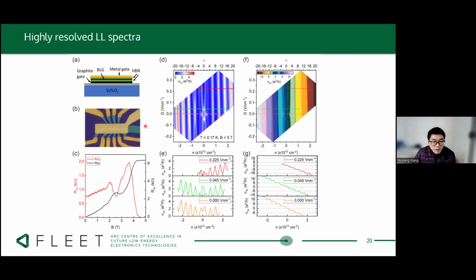Here is the device we fabricated. The bilayer graphene is encapsulated by top and bottom HBN. There is a graphite gate at the bottom and a metal top gate. The quantum Hall effect can be observed around 5 Tesla in this sample, and the Landau level spectrum of the R-xx is highly resolved, as we can see here.